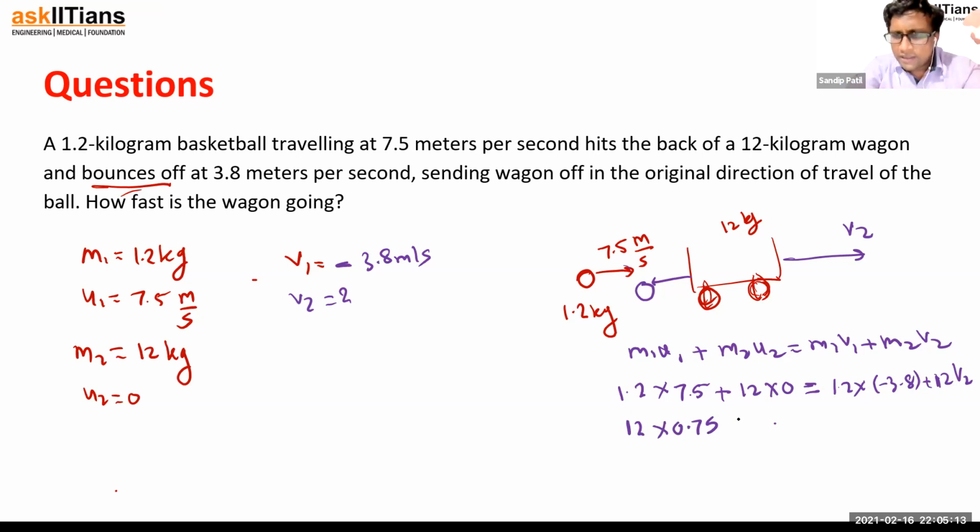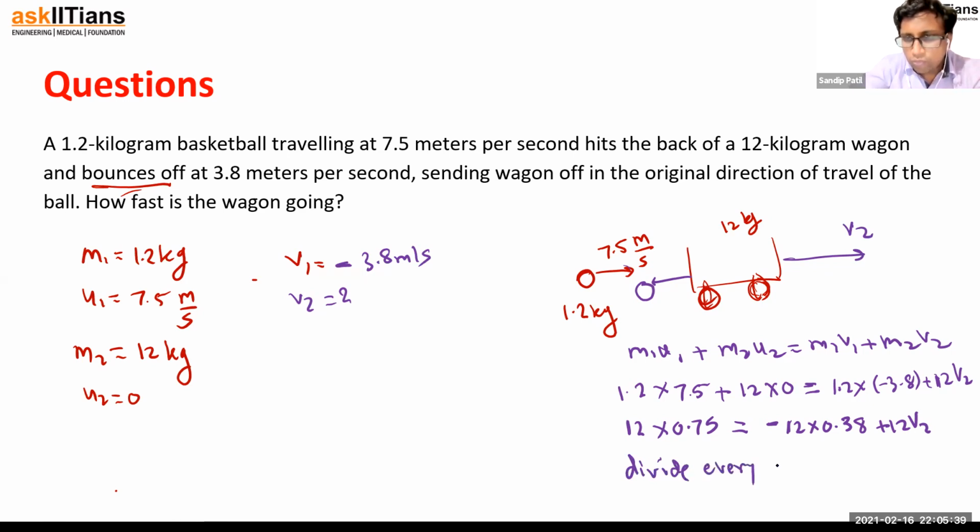Then again, this 1.2 is treated the same way: minus 12 into 0.38 plus 12 into V2. Why have I done that? Now you can see it will make my calculations very easy. I'm going to divide every term by 12. You can see 12 is everywhere.